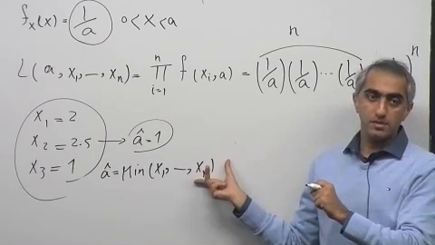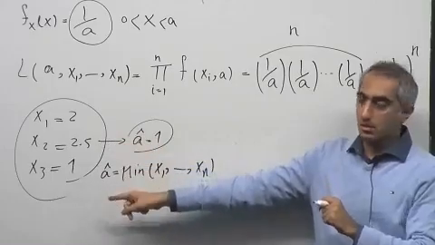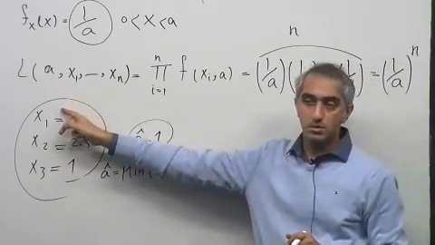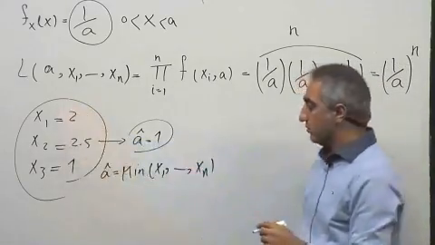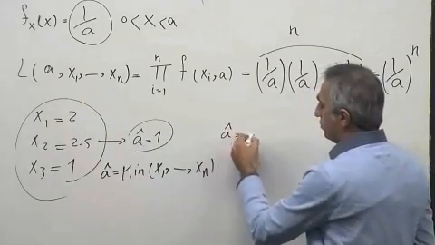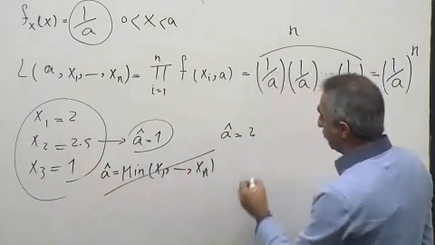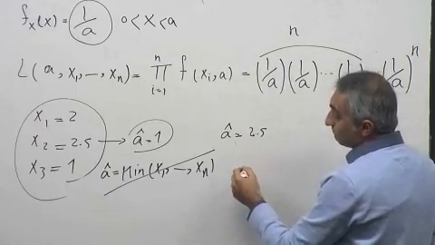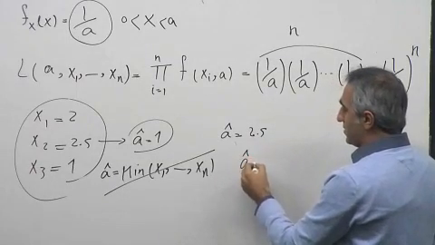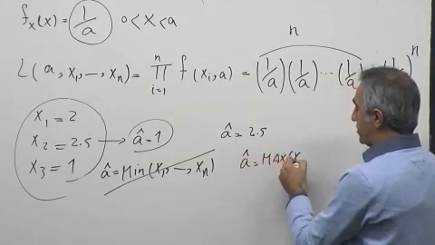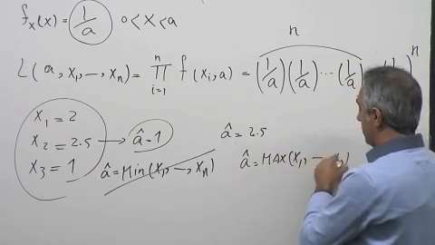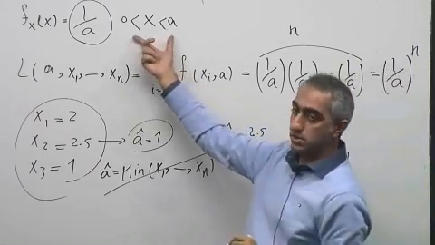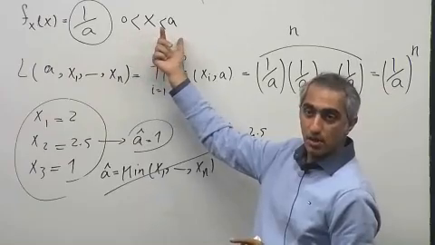So what is the best feasible solution in this case? It is 2.5. It's the maximum one. So if I use A hat, 2.5, sorry. Yeah. If I use the maximum of x1 to xn, then I can make sure that all observations in the sample are less than this guy.